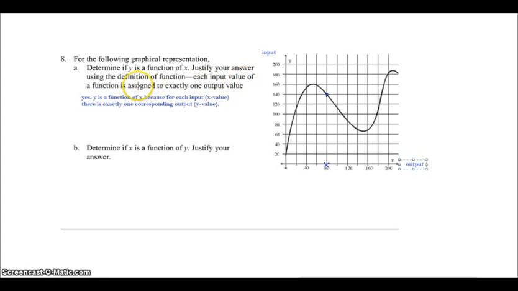Each input value of a function is assigned to exactly one output value. I see all sorts of input values that do not correspond to exactly one output value. For instance, let's look at y equals 120. If y is 120, let's see, that occurs right here.